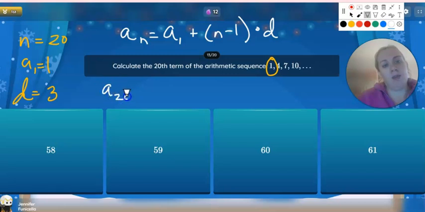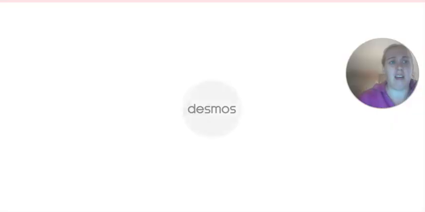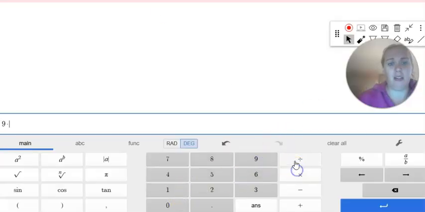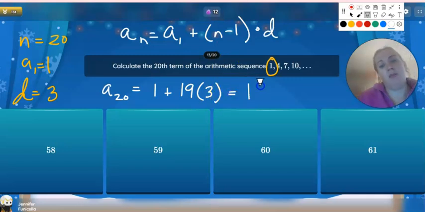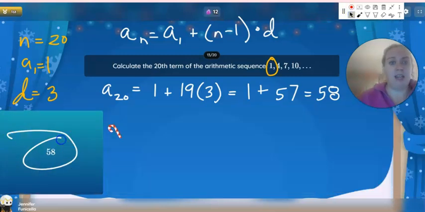So we have a of 20 is 1 plus n minus 1 gets us 19 times the difference of 3. I need my calculator. I don't know what 19 times 3 is. Let me look it up. 57, incredible. So we have 1 plus 57, and of course that gets us 58. Perfect.